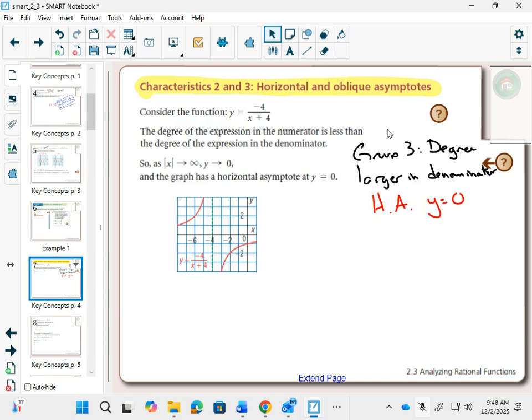Group 3 will have a horizontal asymptote at y equals 0. Because when x gets really big, it's going to get huge on the bottom, and it doesn't matter what number you have on the top. If you divide by a huge number on the bottom, it's going to get really close to 0.